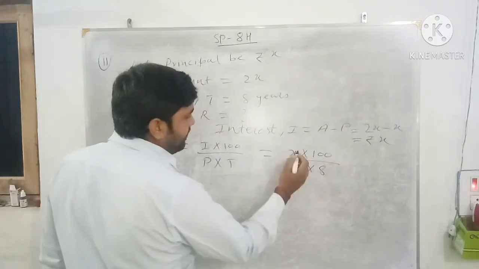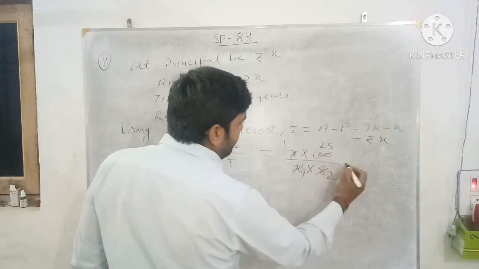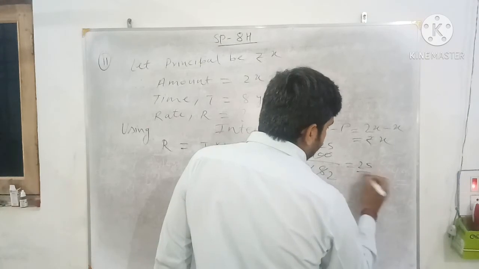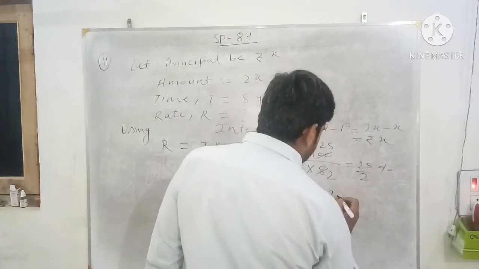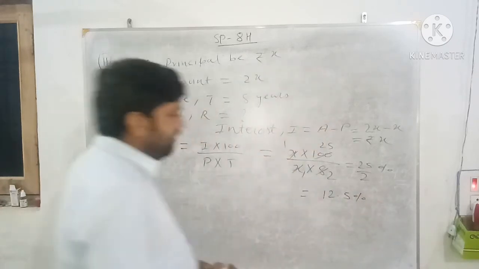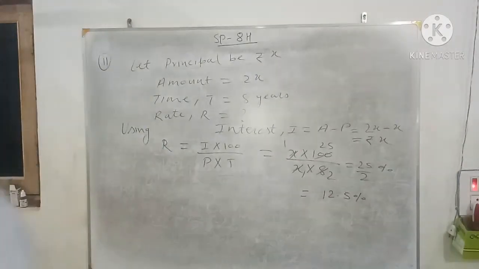Now x is cancelled with x, so 4 twos are 8, 4 25s are 100. So the rate of interest is 25 by 2%, that is 12.5%. 12.5% is the rate of interest.